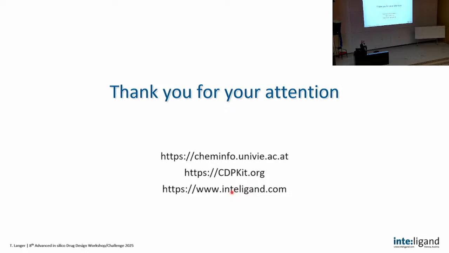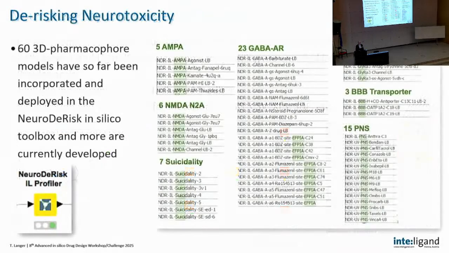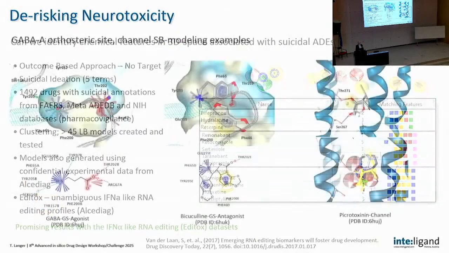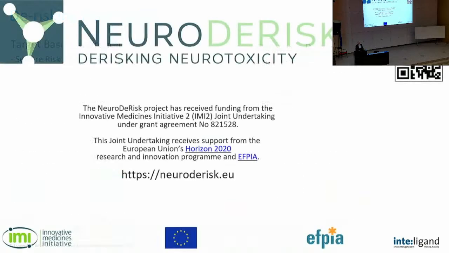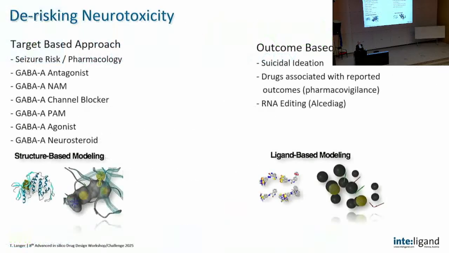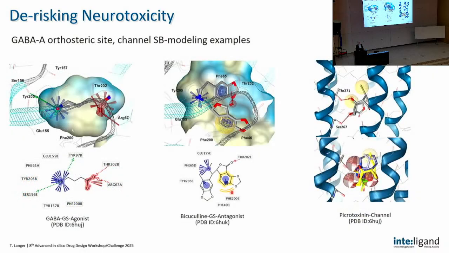Yes? Can we go to the slide where you're talking about the GABA-A receptors and drugs which are developed against seizure? This. Yeah. I think even before you were talking, there was GABA-A. Wait a second. This one.